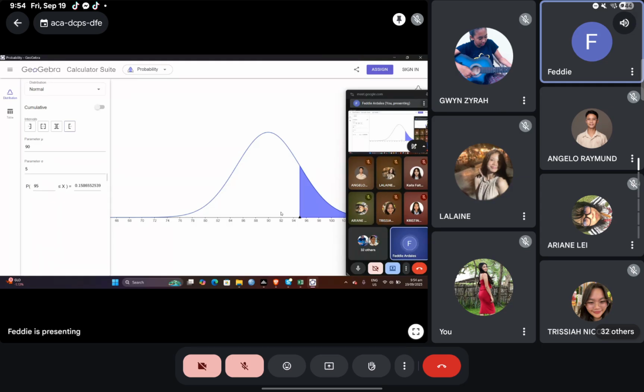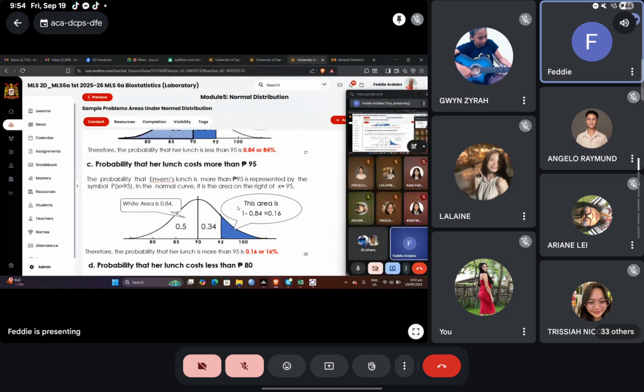So using the empirical rule, we can say that approximately 16% of the area is the probability that MM's lunch costs more than 95 pesos. Question so far?